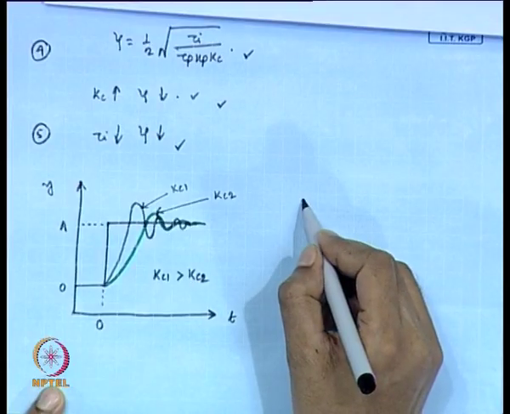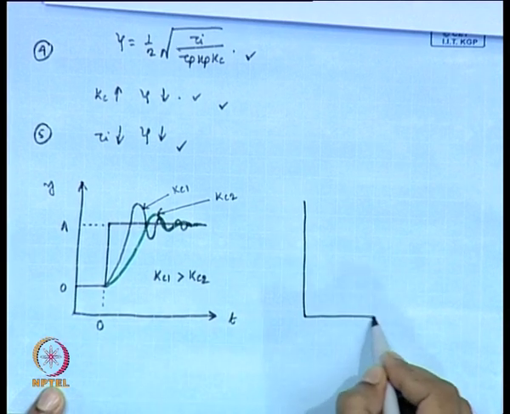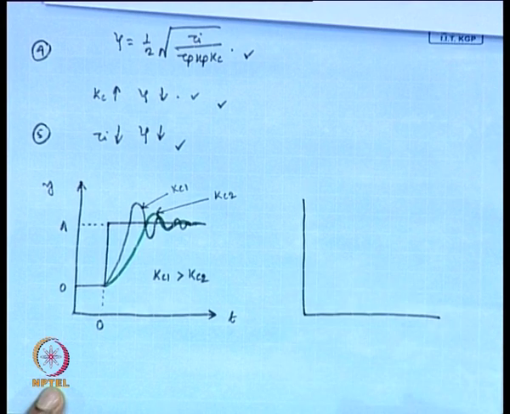Similarly, we will produce the closed loop response based on the fifth point, that is with the decrease of tau I, zeta decreases, that means with the decrease of tau I the overall response becomes more oscillatory.